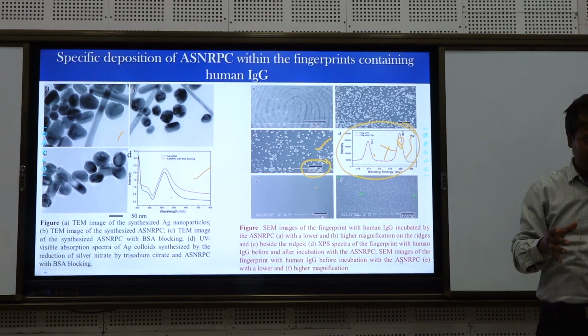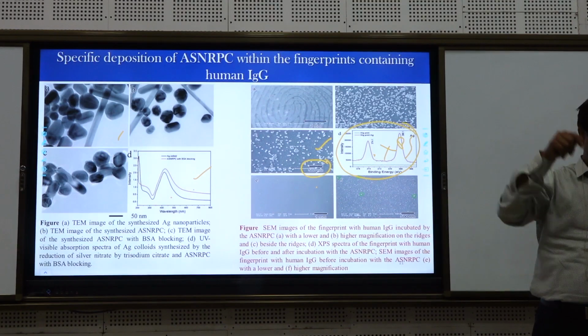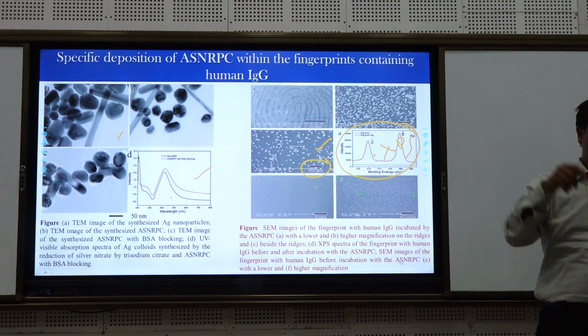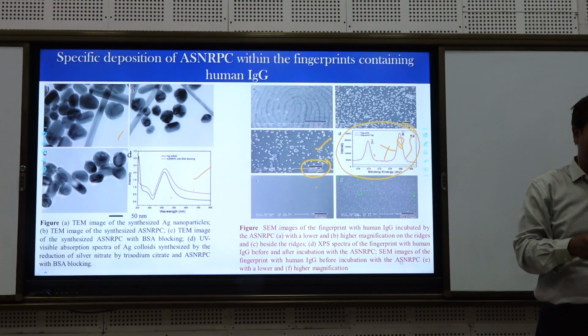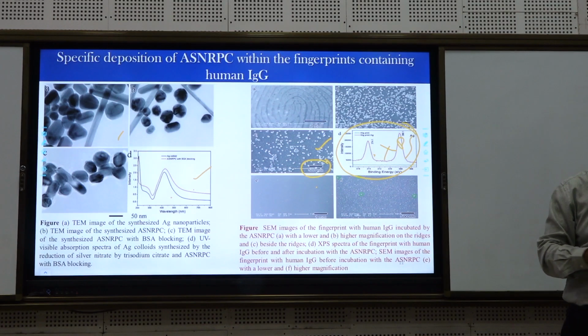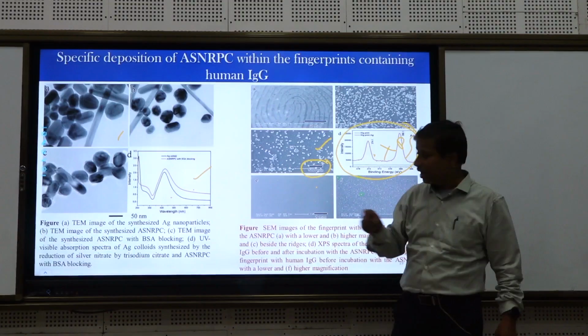With an optical microscope, your limitation is the light you are using. If you are using red light, maybe 800, half of that, 400 nanometer, you can see. But with an electron microscope, you can see even nanometer.